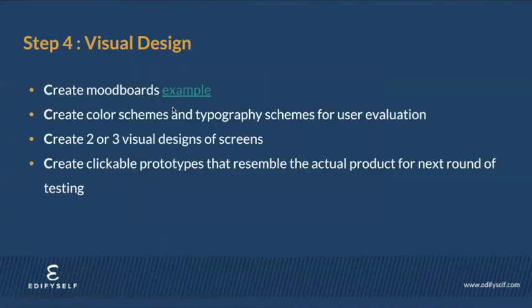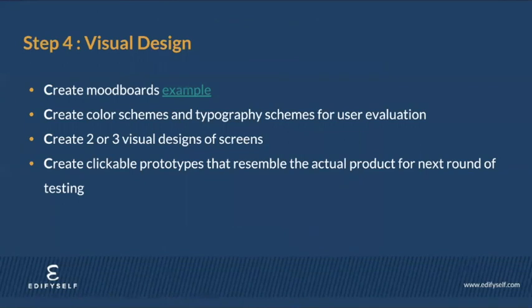So once you create 2 or 3 mood boards, you ask your client to select 1 or 2 of them, and then depending upon them, you can create a color scheme and a typography scheme that you would be using for your visual designs. What we generally do is take 3 or 4 main screens from the entire app.